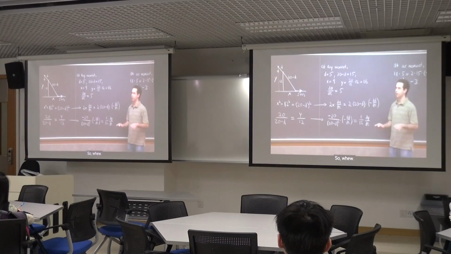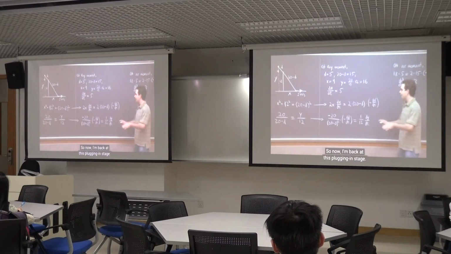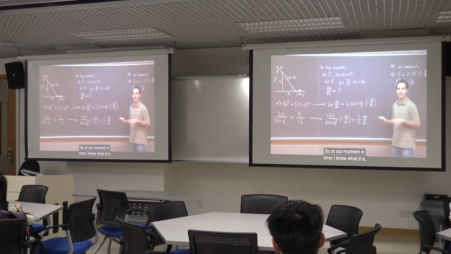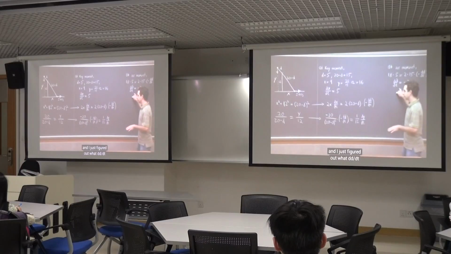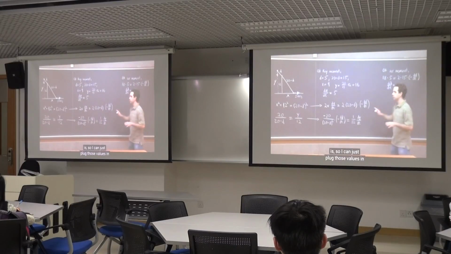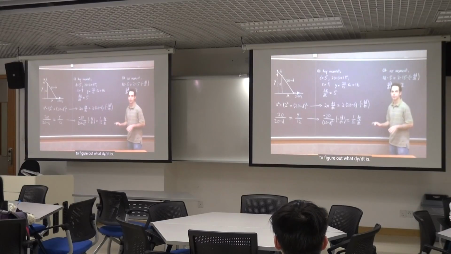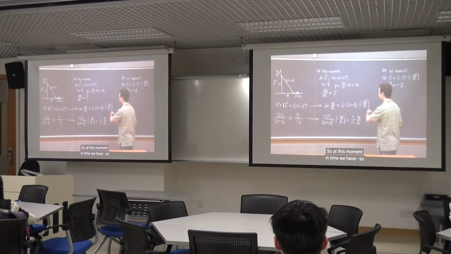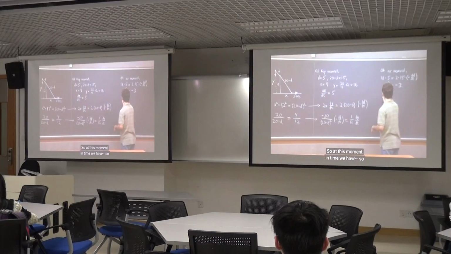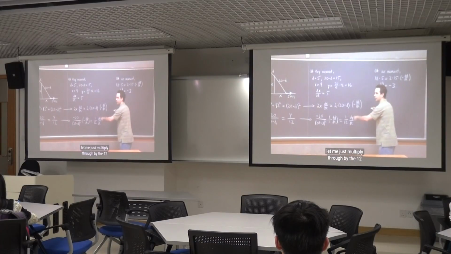So now I'm back to just plugging in the stage. At our moment in time, I know what d is, and I just figured out what dd/dt is, so I can plug those values in to figure out what dy/dt is. Okay, so let's do that. Let me just multiply through by the 12.